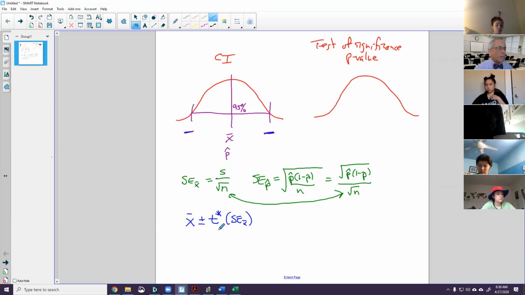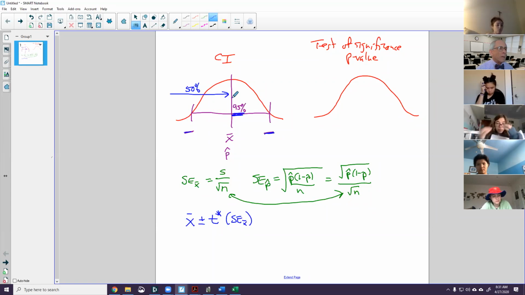This t-critical value, I'm going to find that depending on how big of a confidence interval I want. In this particular case, I want a 95% confidence interval. So I'm going to look at this higher limit right here first, because I like to go from 0 to here is 50%.